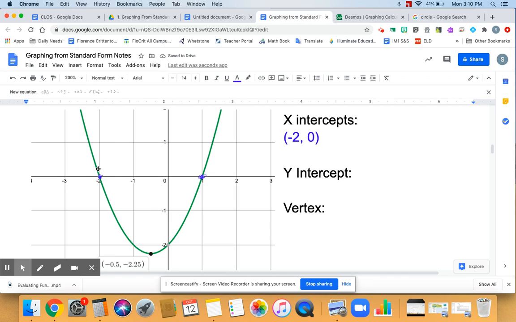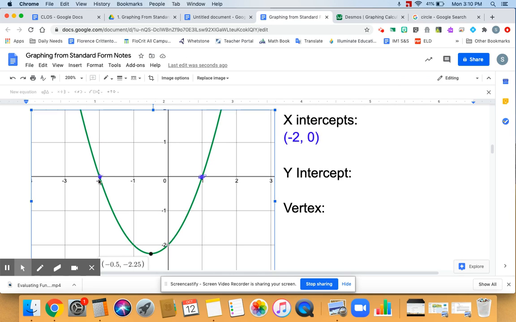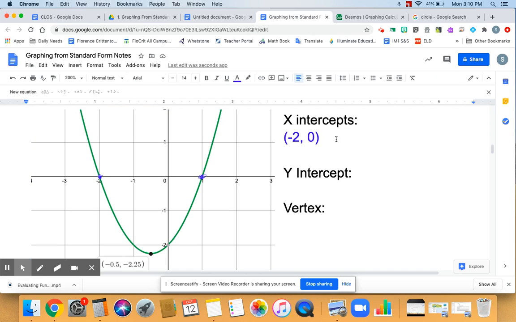For it to have a y, it would either have to be a point up here or a point down here for the y to be something other than 0. But since it's just staying on the x-axis, the y is 0. So that's one x-intercept. The other x-intercept is what? What's the x? 1. And what's the y? 0. The point is (1, 0) for this point right here. So those are the two x-intercepts.